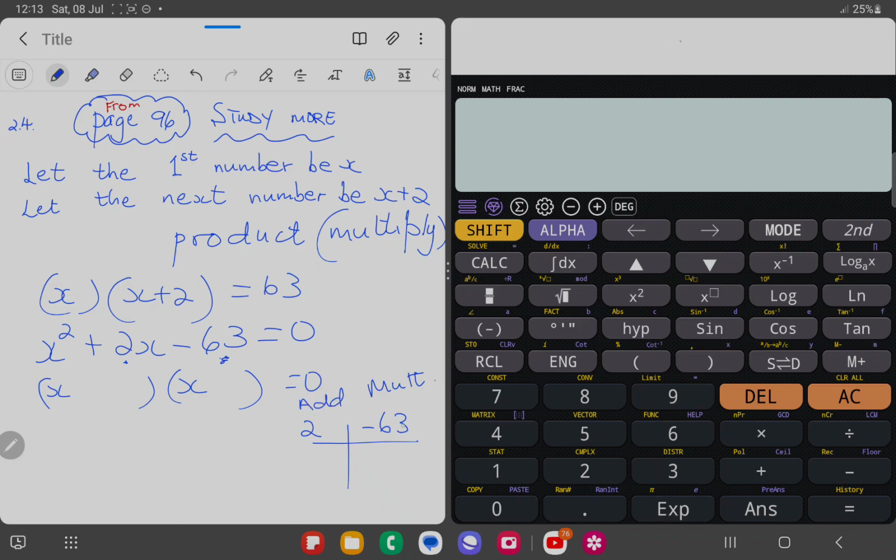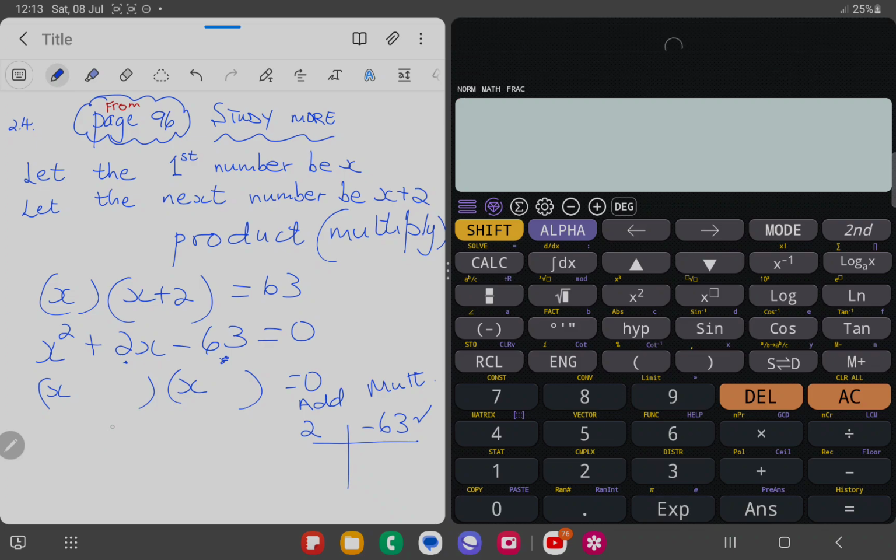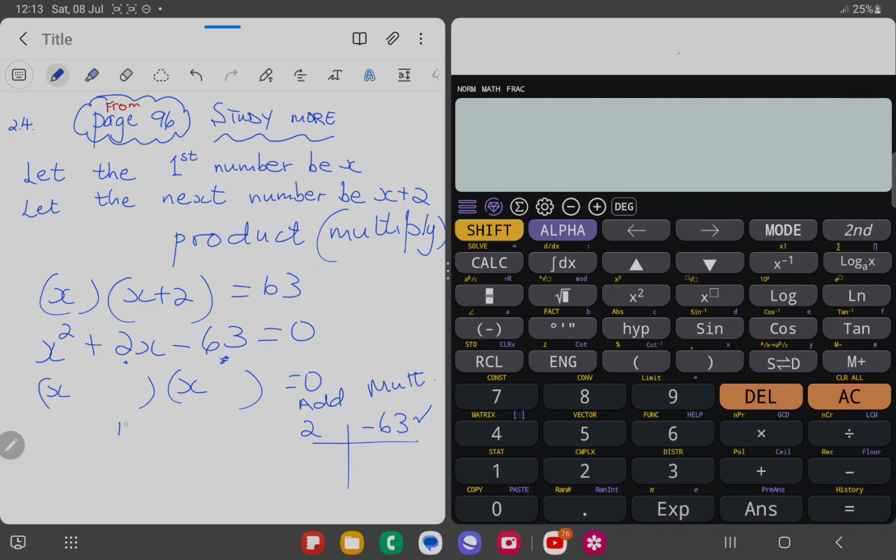When you're looking for the factors, especially if the number is a bigger number like 63, you must start by looking at the factors using 10, 9, 8, 7, and so on. You mustn't start from 1. You must start from 10, 9, 8, 7. 10 is not a factor, you don't even have to try this.